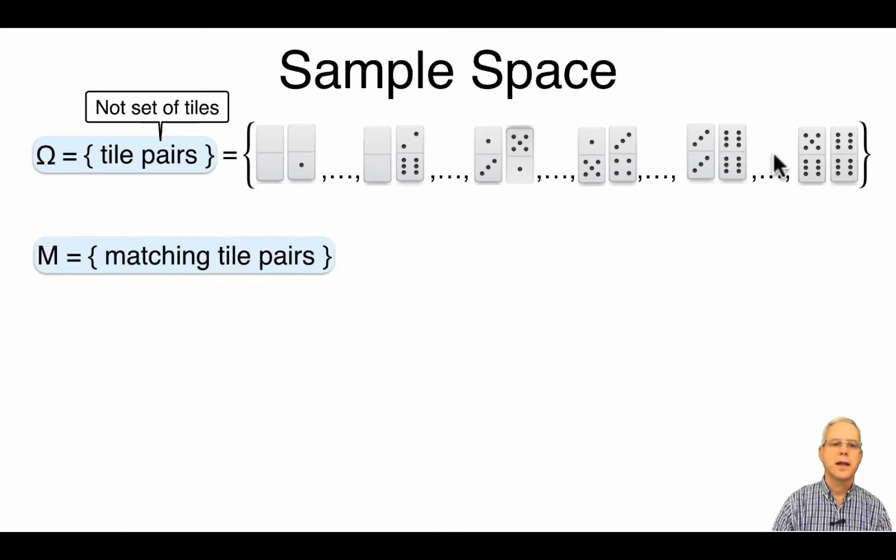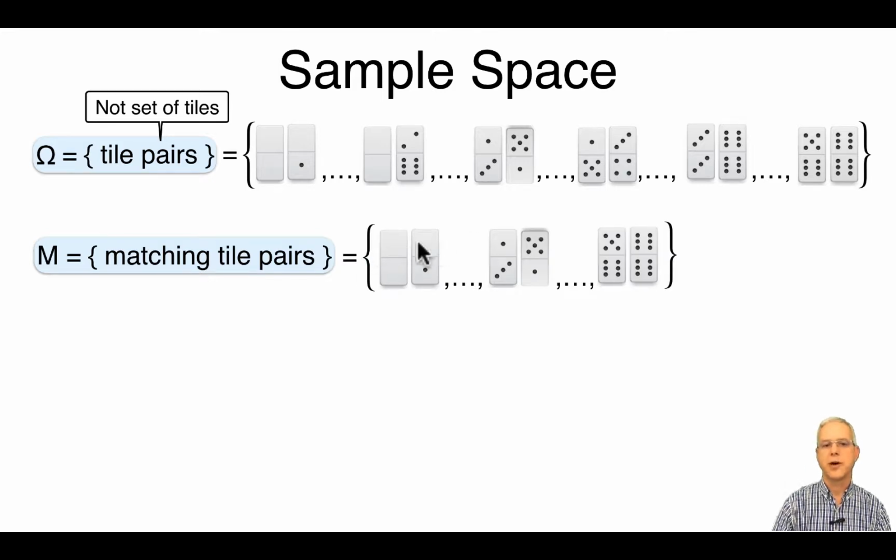Okay, and now we are interested in the event that the two tiles that we pick are matching. So M, our event of matching, will be the collection of all matching tile pairs. For example, 0/0 and 0/1, they match in 0. 1/3 and 5/1, they match in 1. These two match in 6, and so on. Now notice that our space is equiprobable.